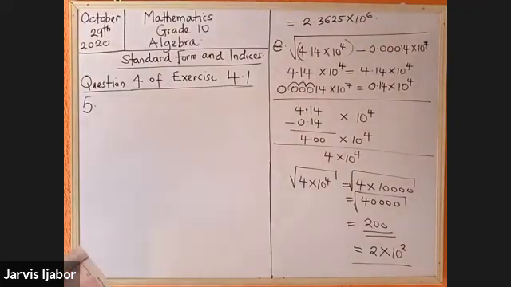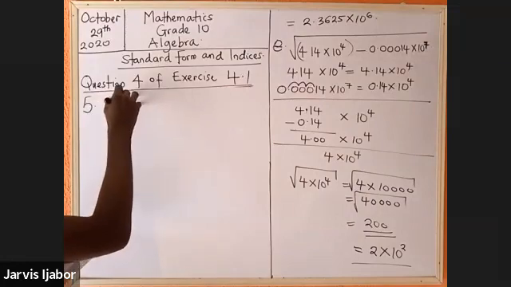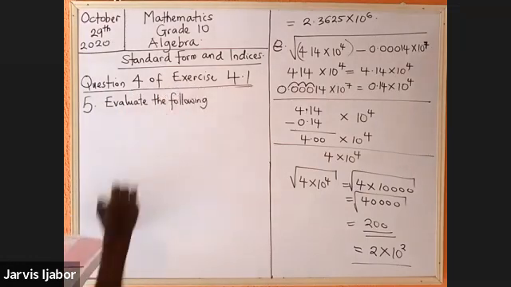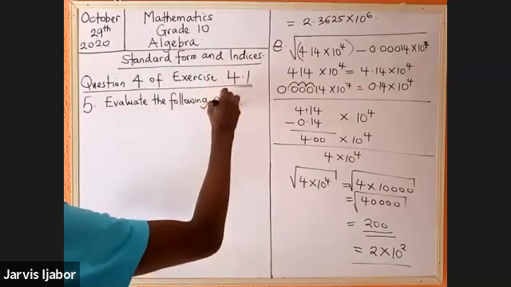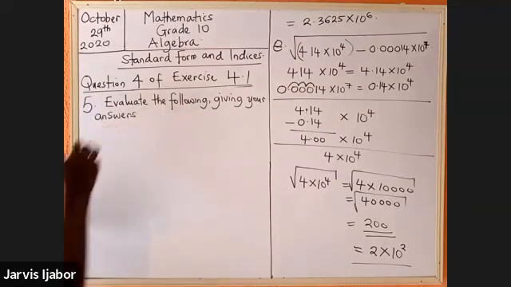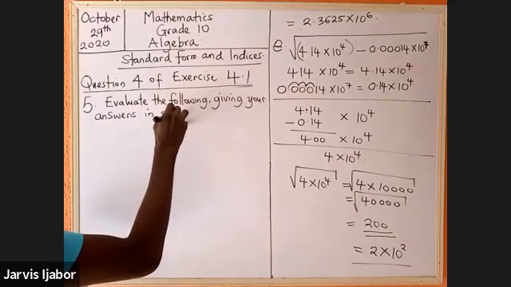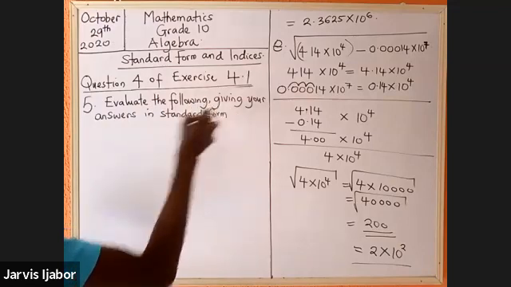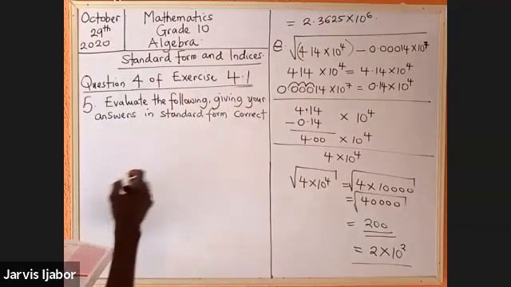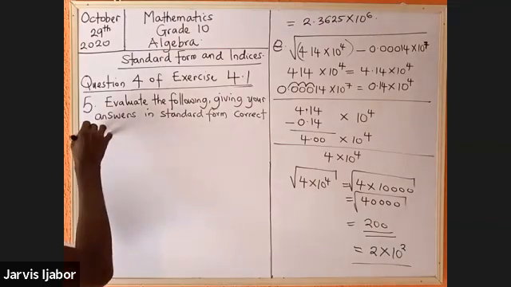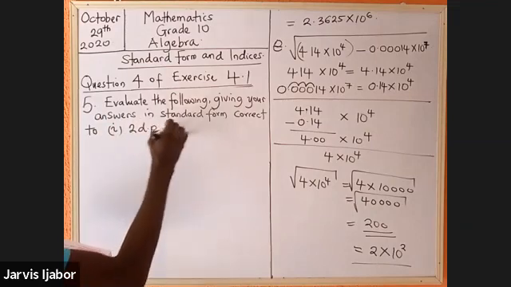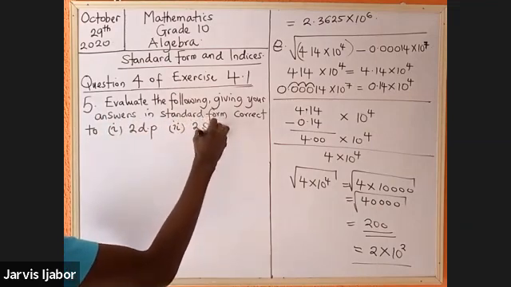Now in question 5, it says evaluate the following, giving your answers in standard form, correct to Roman figure 1, 2 decimal places, and Roman figure 2, 2 significant figures.